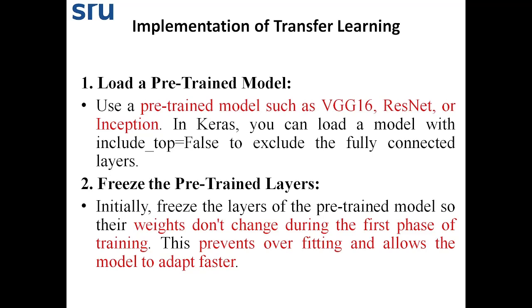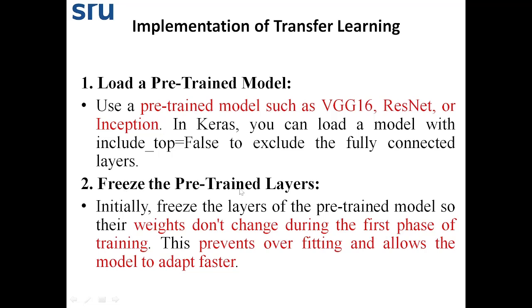Now, how can we implement this transfer learning? First of all, load a pre-trained model. Use a pre-trained model such as VGG16, ResNet, or Inception. In Keras, you can load a model with include_top equal to false to exclude the fully connected layer.